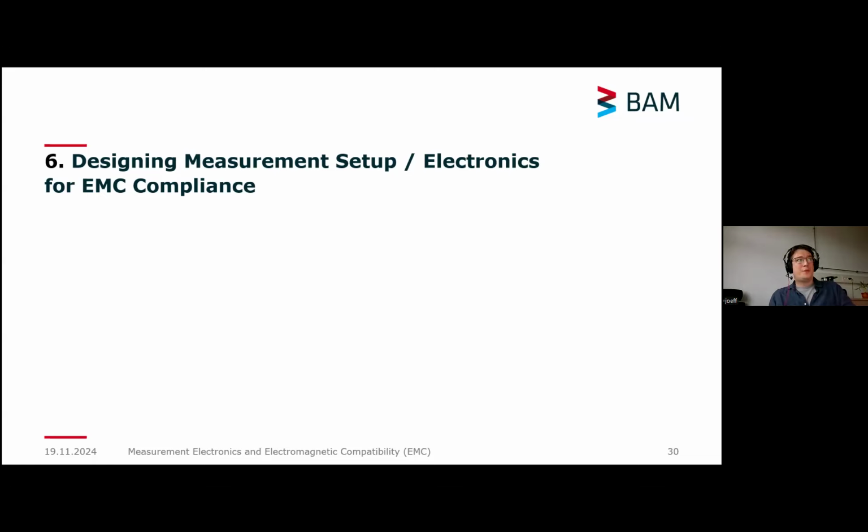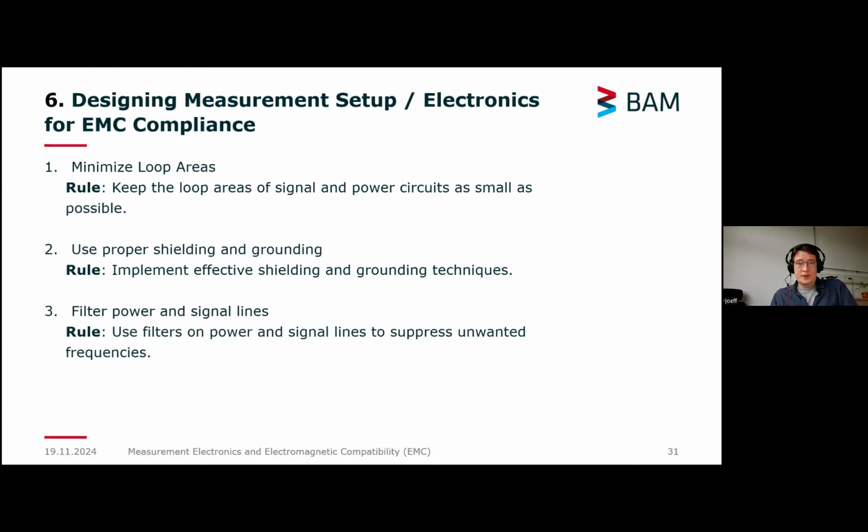Okay, so the next point would be designing a measurement setup and designing electronics for electromagnetic compliance. It's quite similar to the chapter before. So I will talk about minimizing loop areas.